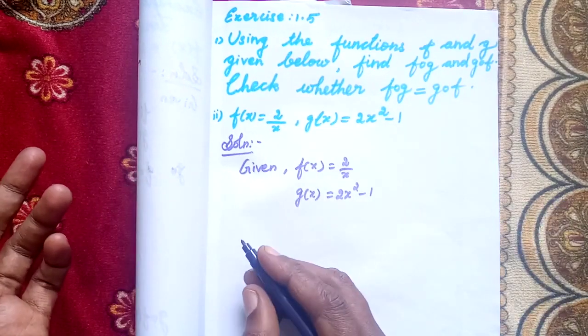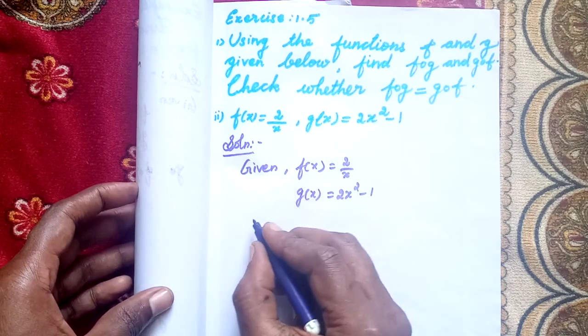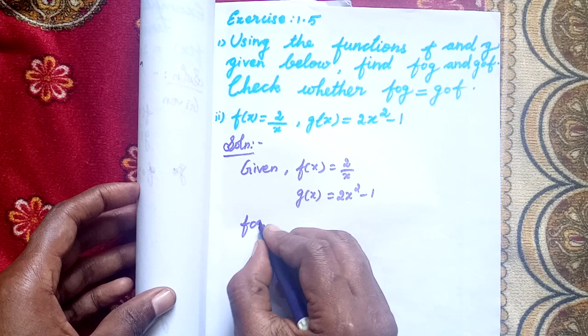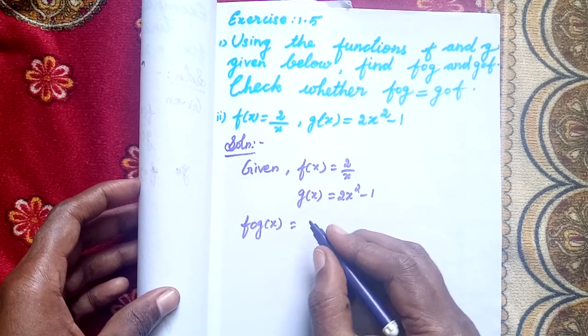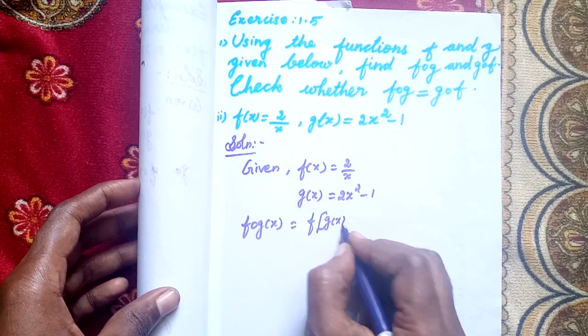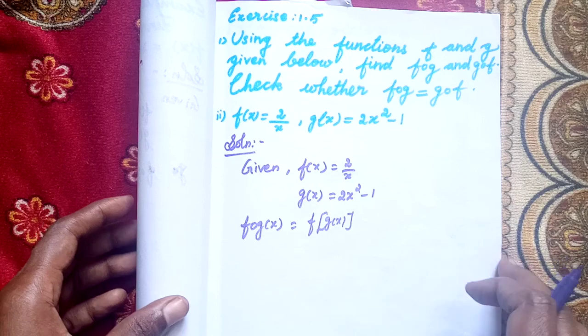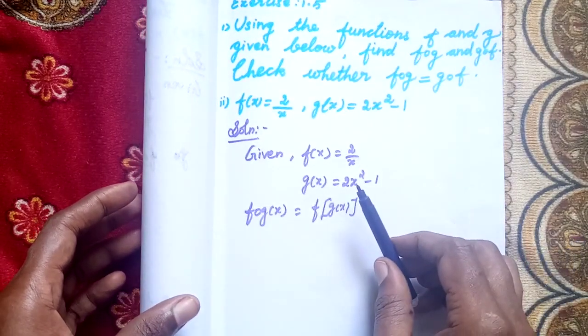Before, the example problem I have explained now. The same method we have to use. First f composite g of x is equal to, the formula, f of g of x. Before, I have explained how we have to do this.